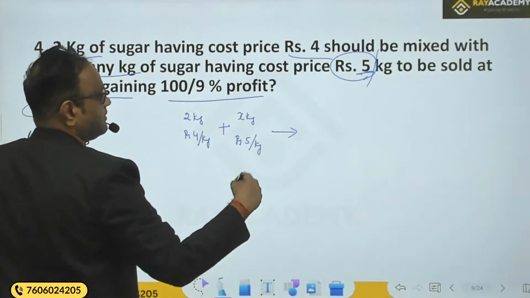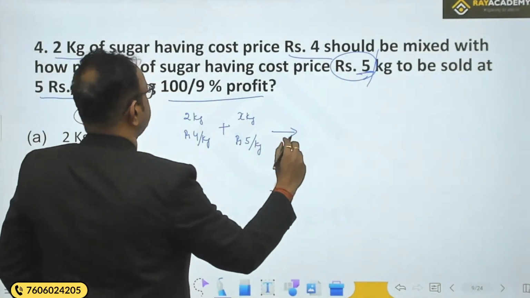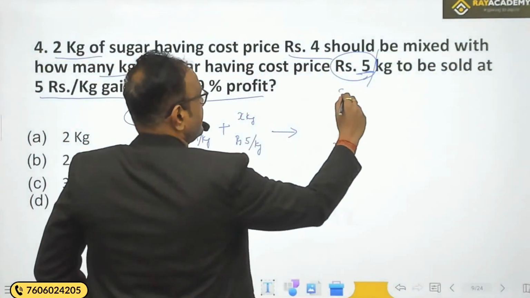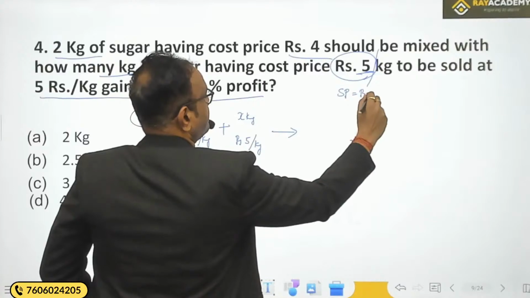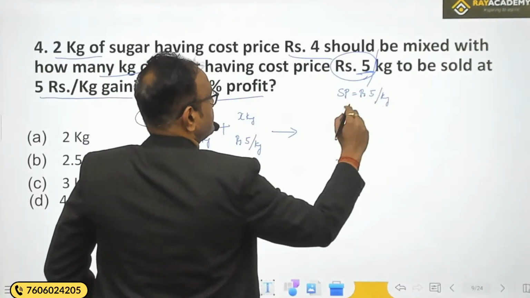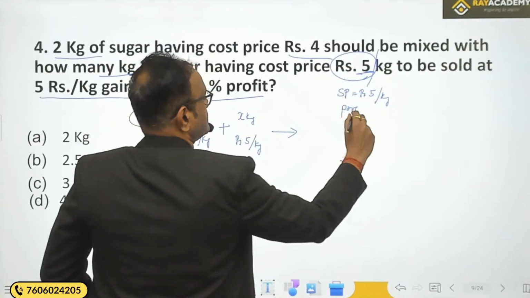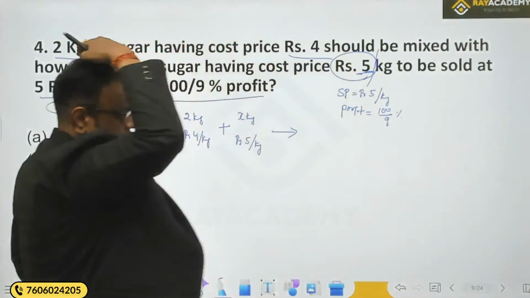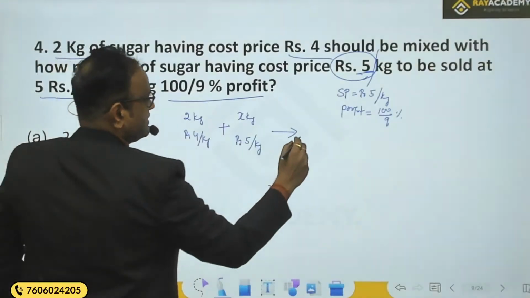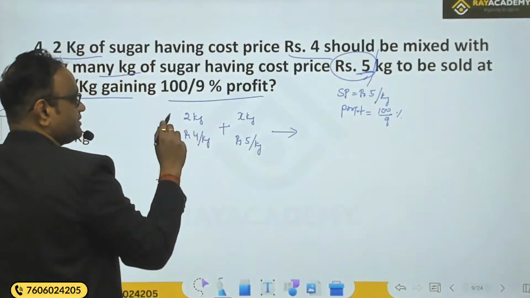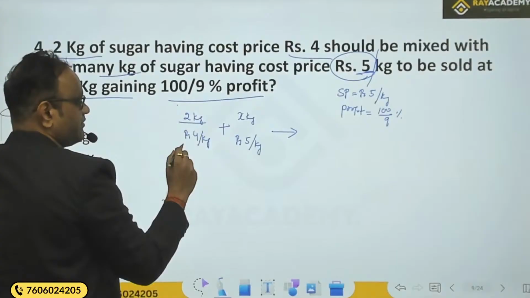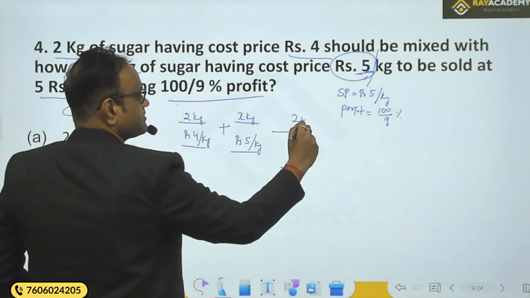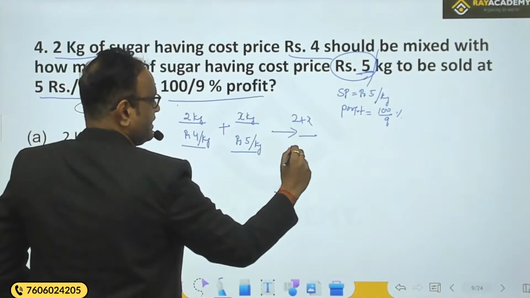Mixed together, the average price becomes, this is also not given, but they are saying selling price is 5 rupees per kg, and profit is 100 by 9 percent. So this thing you have to write. So look, these are the two scenarios. 2 kg of one variety, x kg of another variety. Definitely its weight will be 2 plus x. Now what is the average cost price?